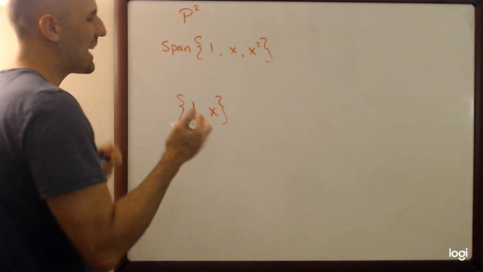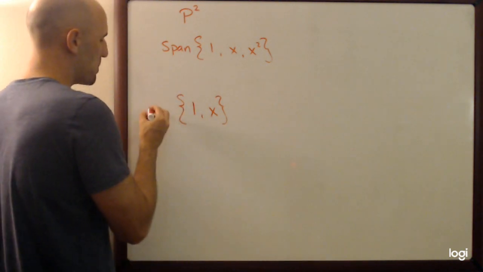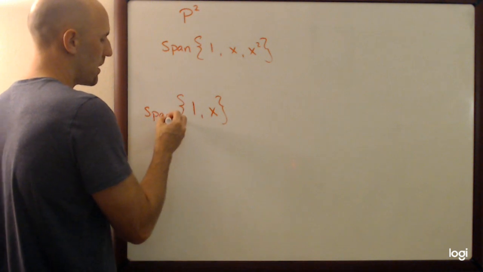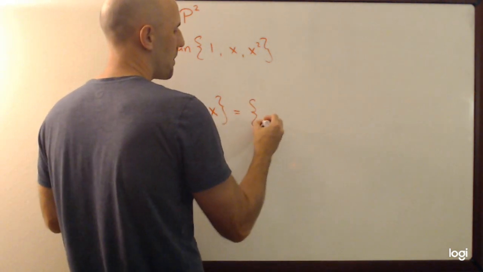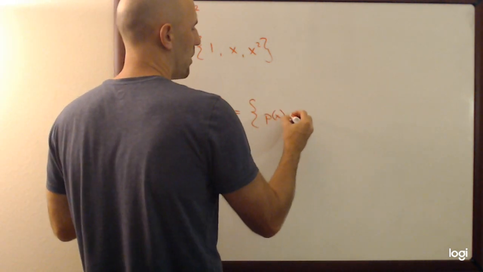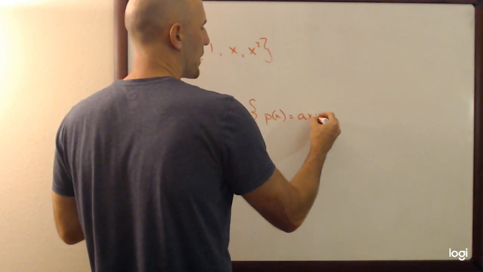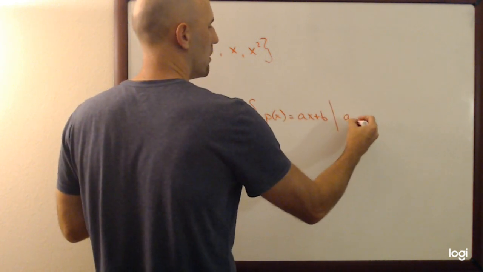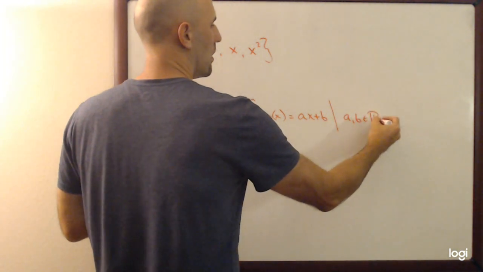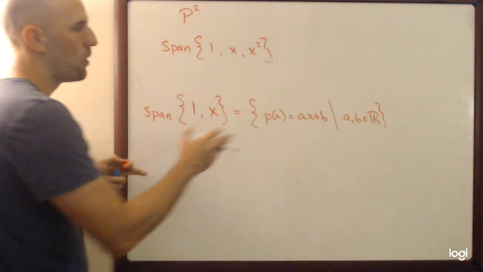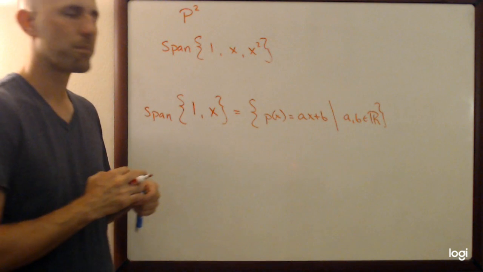But couldn't I make anything of the form, so the span of this, isn't this every polynomial of the form ax plus b? This is just all linear polynomials. Okay?